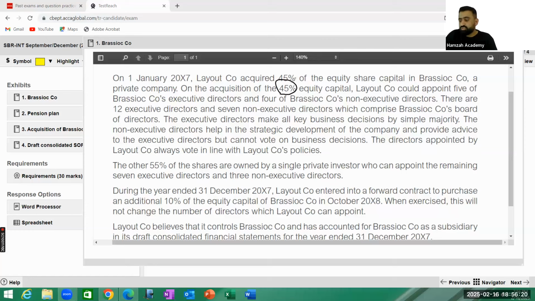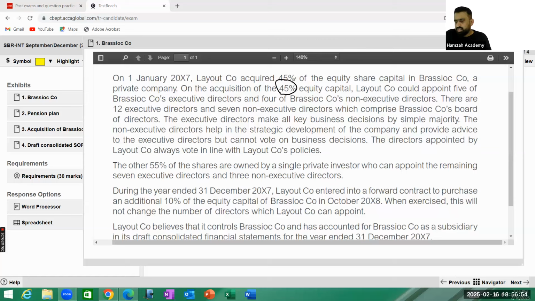The other 55% shares are owned by a single private investor who can appoint the remaining 7 executive directors and the 3 non-executive directors. So 45% is owned by Layout company, and the remaining 55% is owned by a single investor.